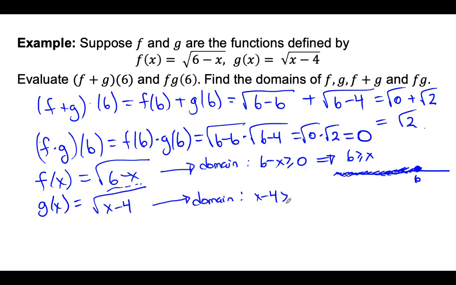So if we move the 4 over, X is greater than or equal to 4. So we can draw that. Let's see. This is our 4. So it's on this side.